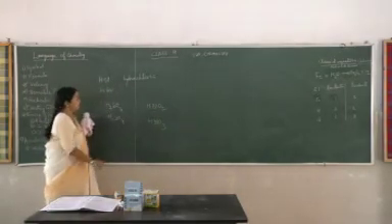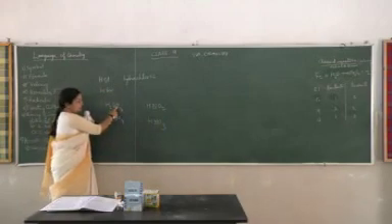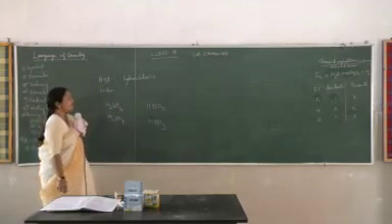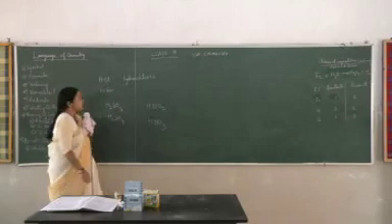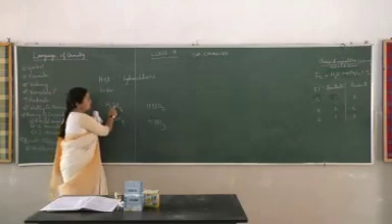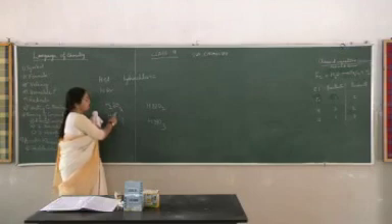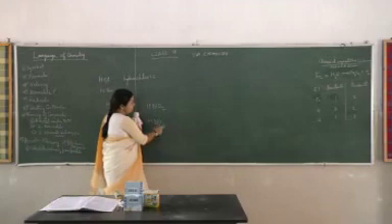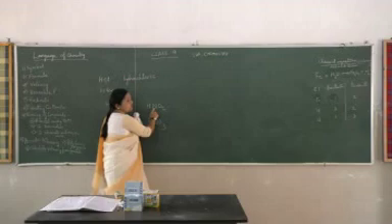But again, you can see that the number of oxygen atoms is less over here and more over here. So if it is less, then we call it ous. Sulfurous acid and sulfuric acid. Nitrogen is here, so nitrous acid and nitric acid. More oxygen, so nitric acid, and less oxygen, so nitrous acid.